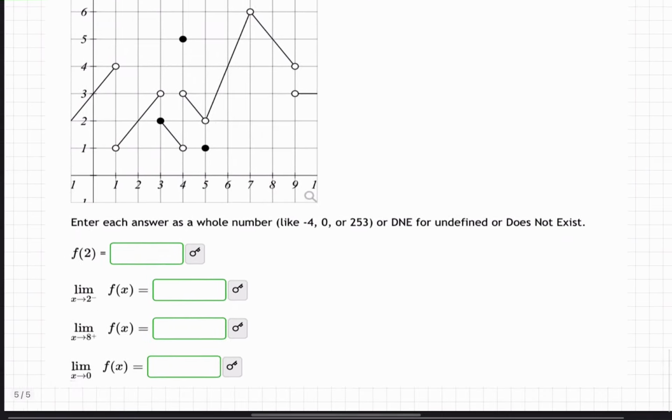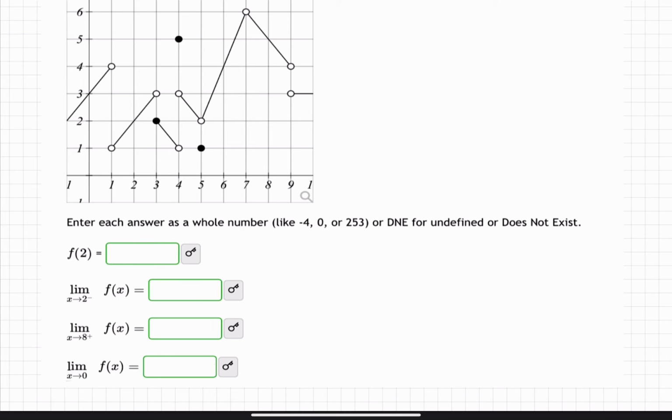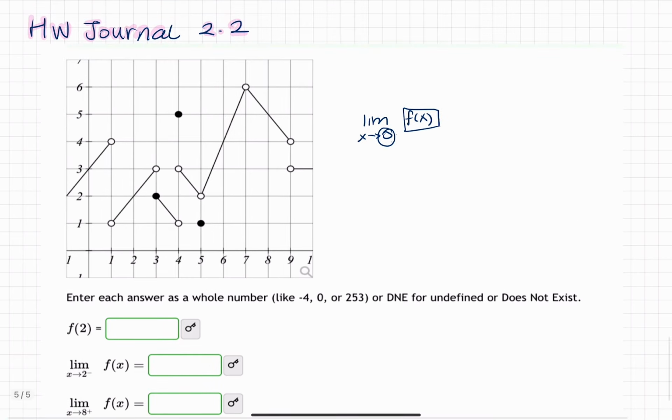Next, into our last problem, where we're investigating the limit where x is going towards 0. We're still looking for an x value. Firstly, the same thing. We're looking at the x value of 0, which is right here.